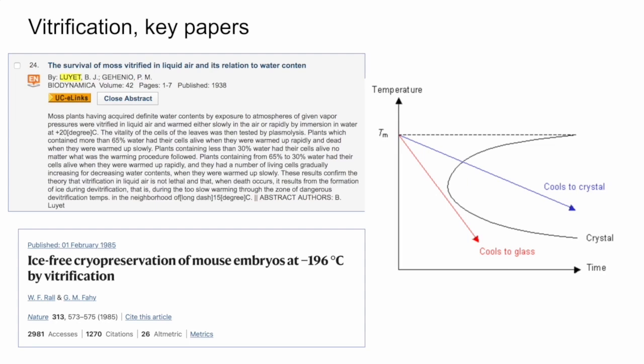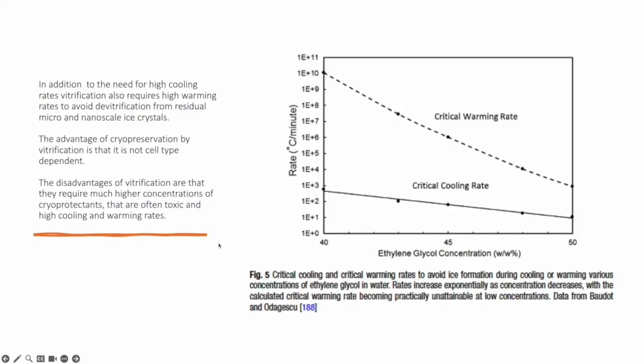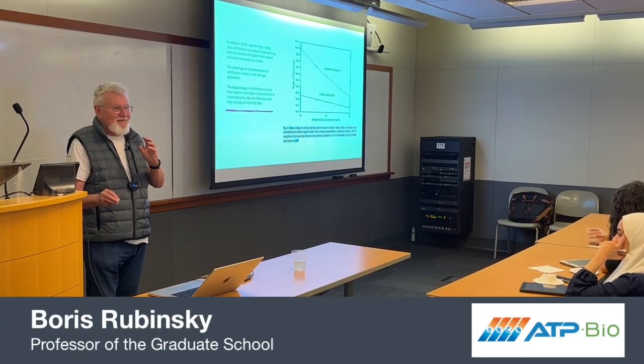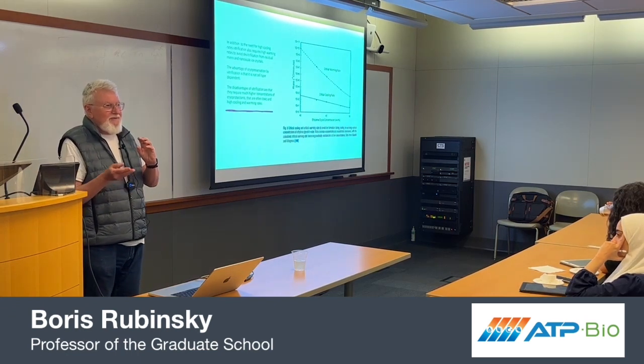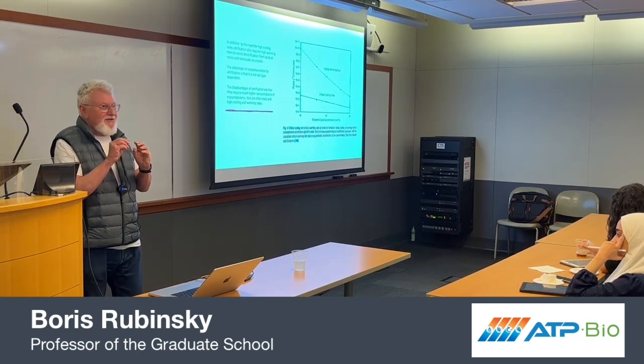There's another element to vitrification, namely the warming rates. If you're in the metastable state, and you have pockets of fluid that went very fast to the glass state, once you start warming them up, these pockets of water can form ice because they're metastable.